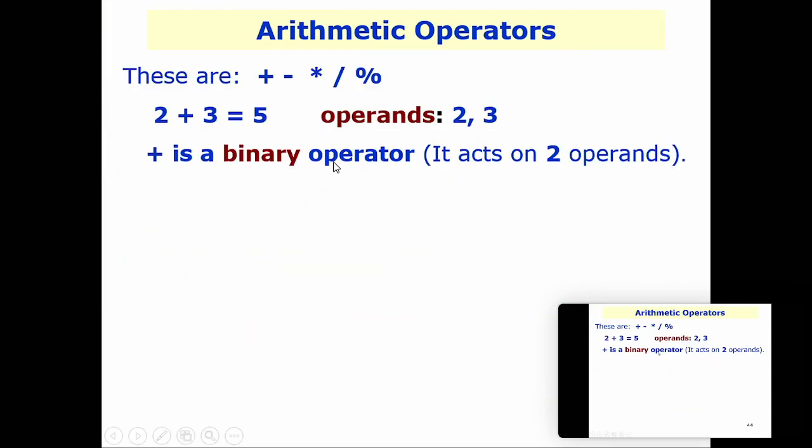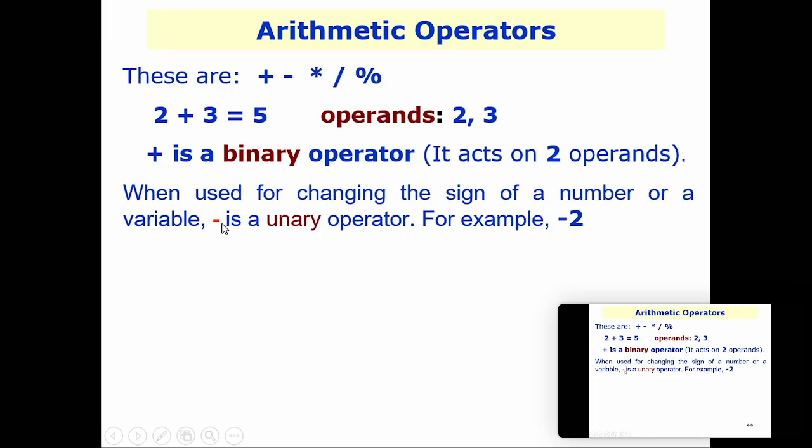Okay, then if you have 2 + 3, these 2 and 3 are operands. So these are the objects handled by this operator. And plus is a binary operator. Why is it binary? Because this plus operator requires 2 operands. If you require just 1 operand, it is called a unary operator.